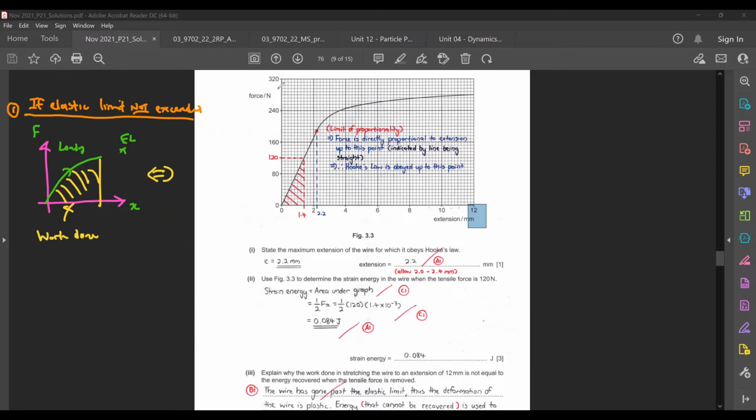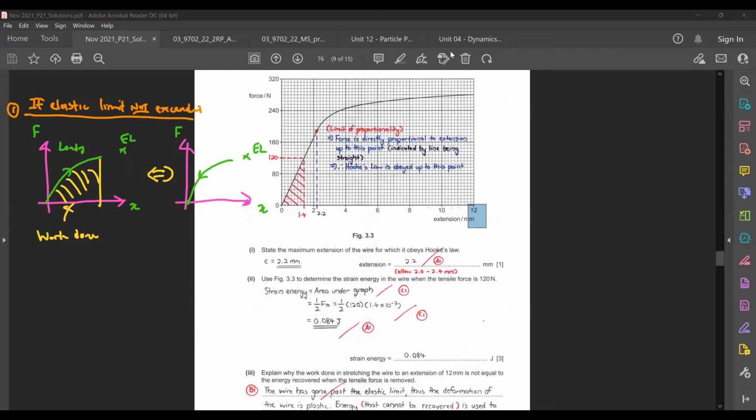If let's just say I unload the material right now, I still have that same force extension graph. If I unload the material, it will go back through the same line. As I mentioned, this is still my elastic limit.